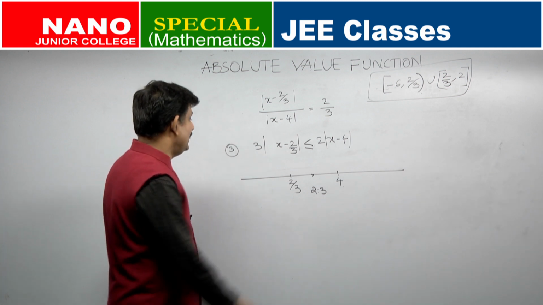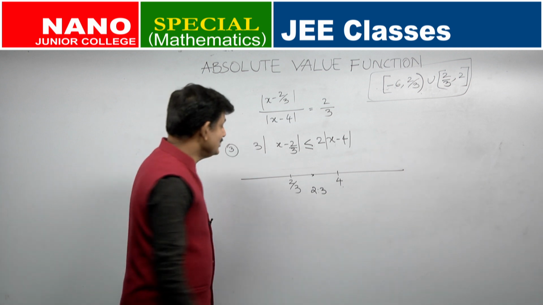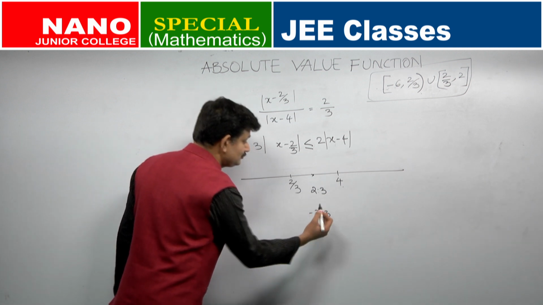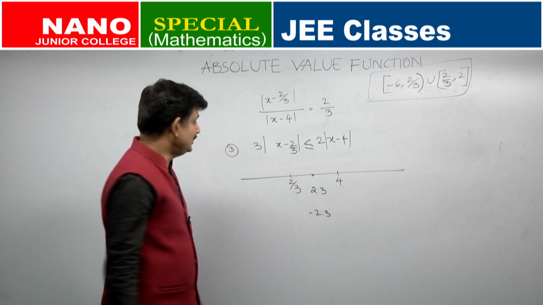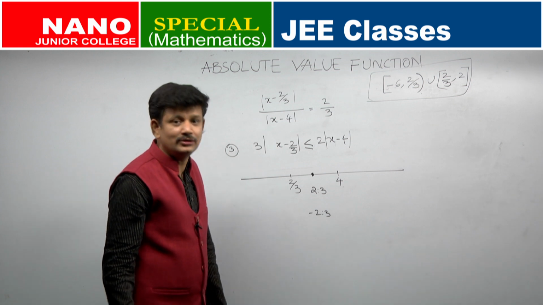This is possible internally, in between, and also externally, as minus 2:3 ratio. So, it is possible both internally as well as externally. One point you get inside, one point you get outside.